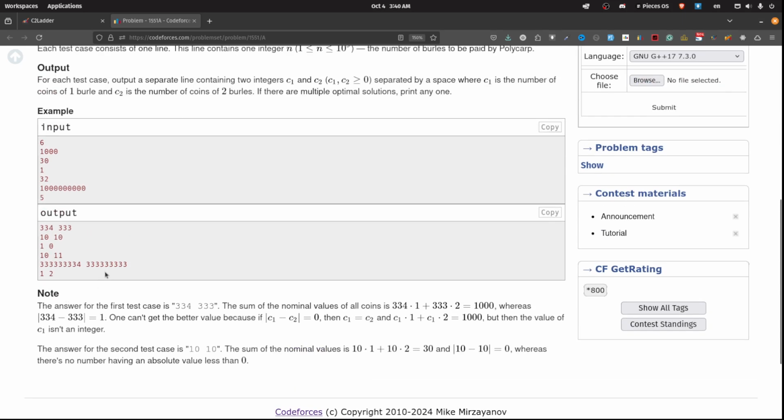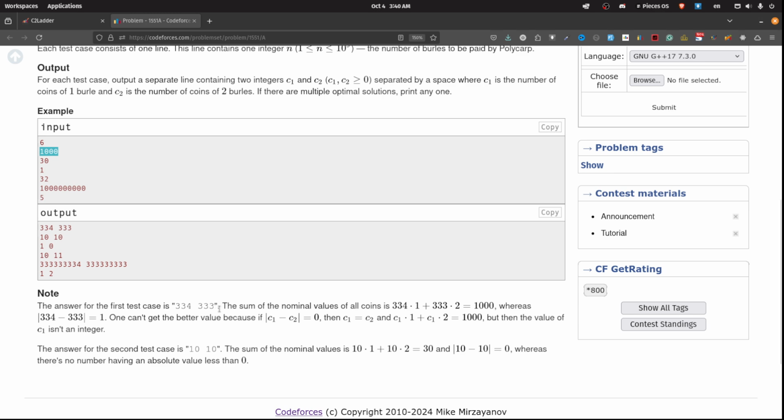In the note, it explains the first test case. Here the value of n is 1000, and it says the c1 value is 334 and c2's value is 333.